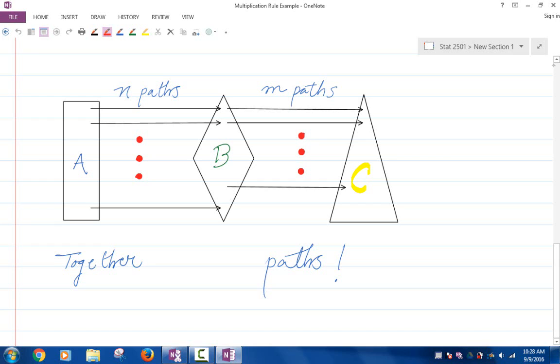Once again, for each path from A to B, there are n possible paths from B to C. So therefore, the total number of paths from A to C will be what?